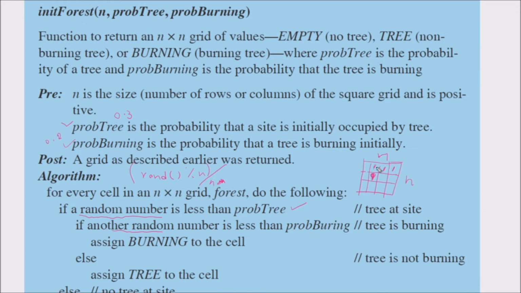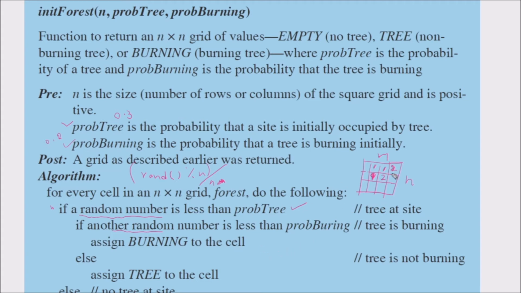If there's a tree there, of course that satisfies the first condition, then I consider whether it is burning or not. So I can put 2 if there's a tree here. I can change this value to 2 actually. Right, so that is burning. Okay, so those are the 2 conditions.